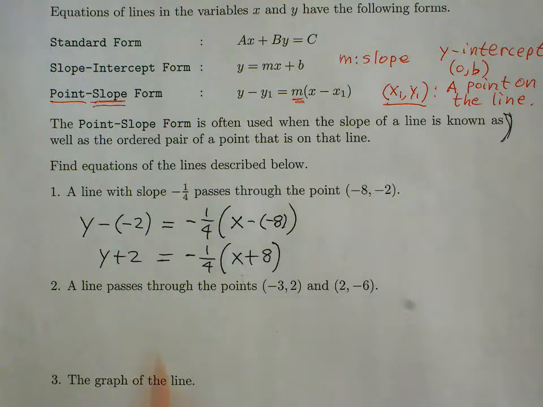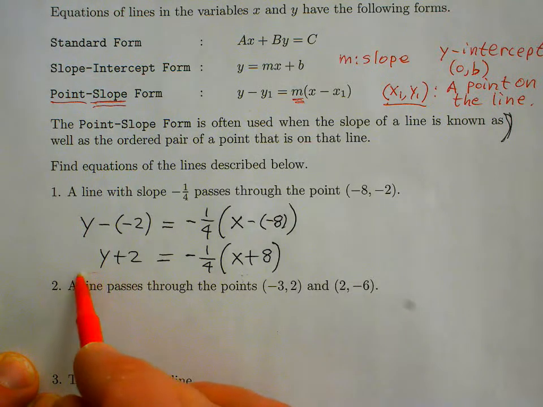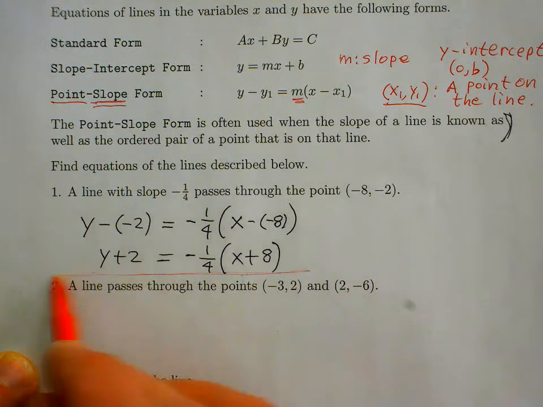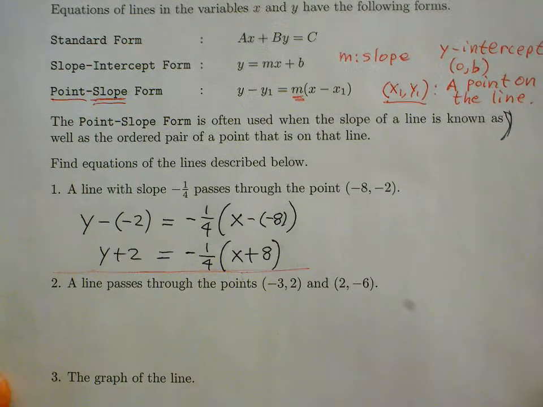So if that's the case, you have to do a little bit more arithmetic to put it into the form y equals mx plus b. So we might as well go ahead and do it. But as always, read the directions carefully and just do what the directions say.